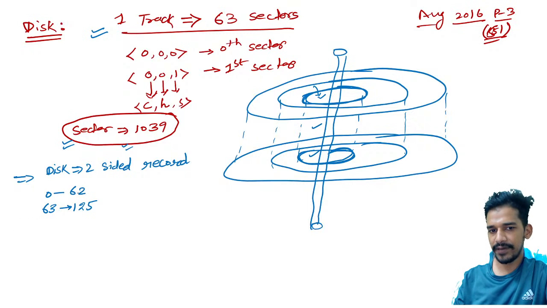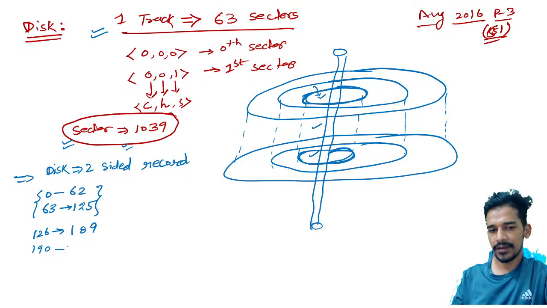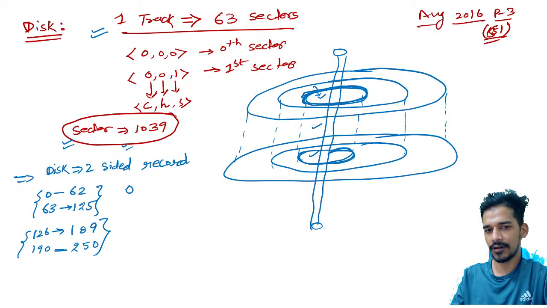The next sectors will be from 126 to 250. So on one particular surface, upside and downside, you have a total of 126 sectors, 63 on the upper side and 63 on the downside.